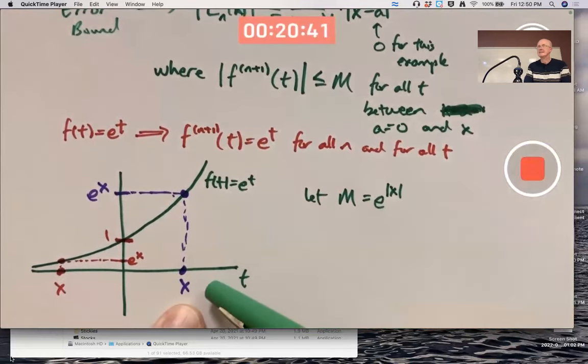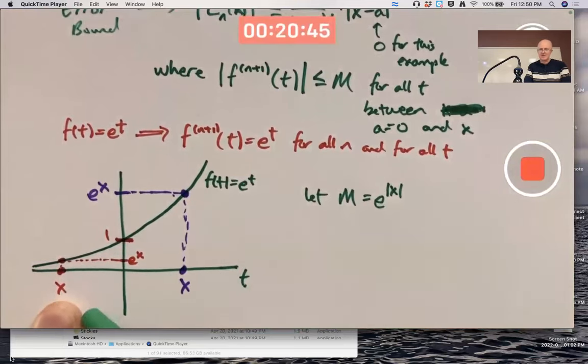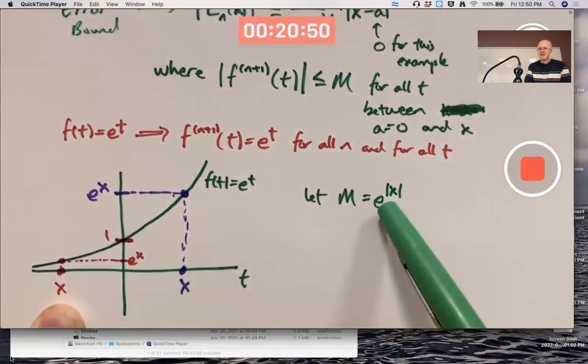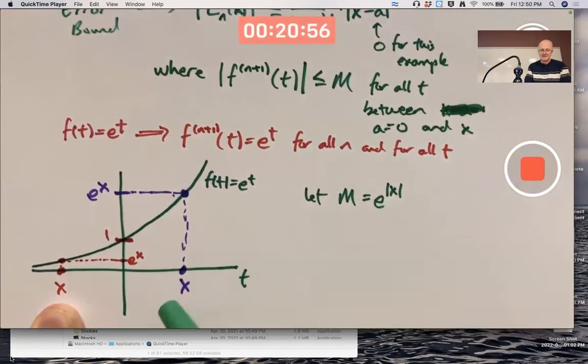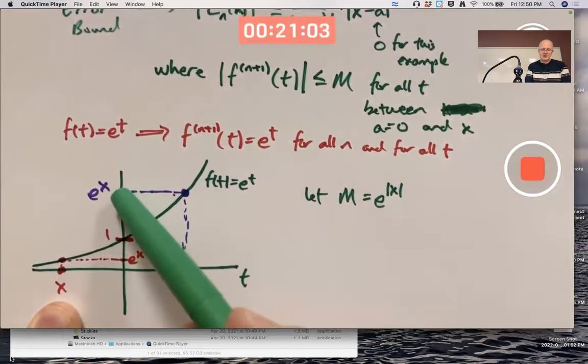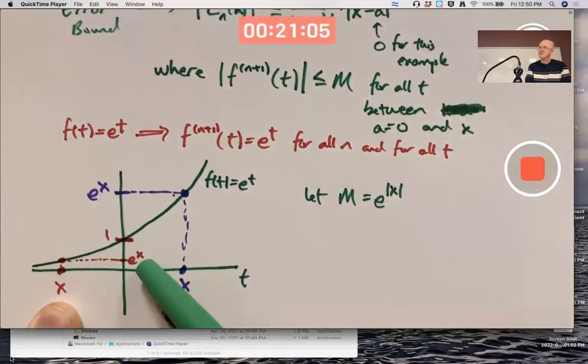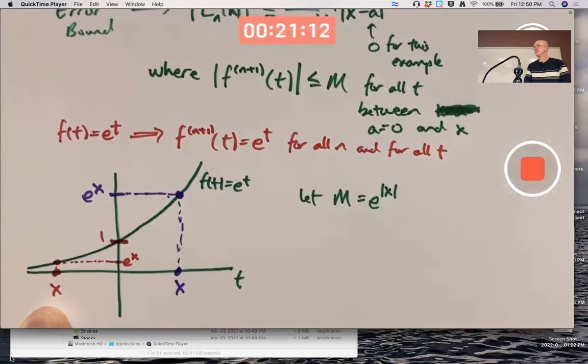That's like the purple case. If x is negative, the red case, e to the absolute value of x would be still e to a positive number, and would be bigger than 1. And in fact, if these two points were the same distance to the origin, I could use the same value up here as a bound for this value. That'll work no matter what x is.